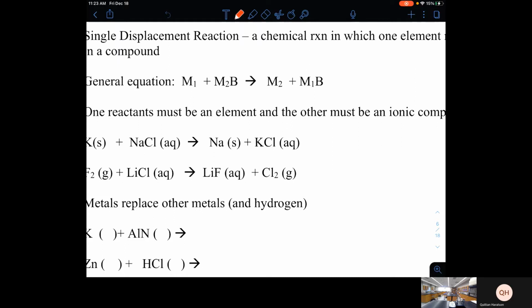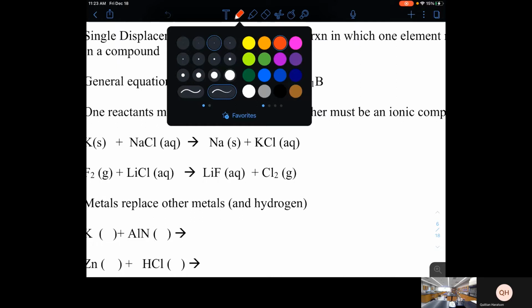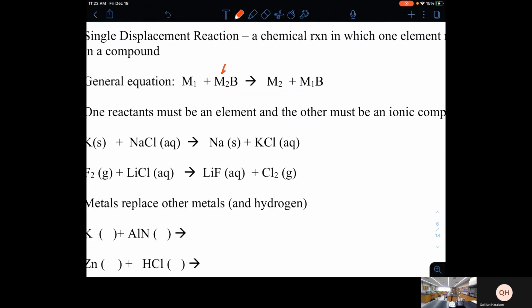And then if we look at M2B, that is a metal, which is our M2, and we've got our non-metal. And they're dancing together as well, which means they're an ionic compound.